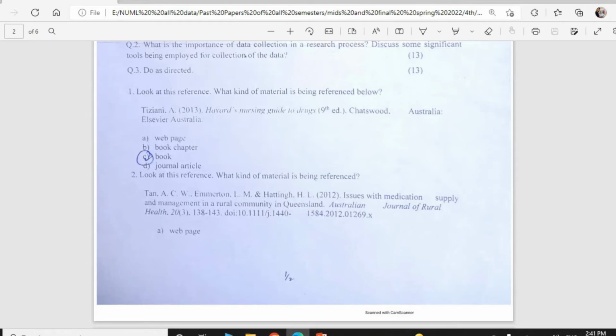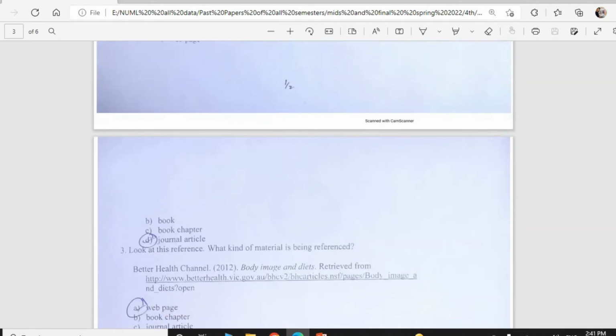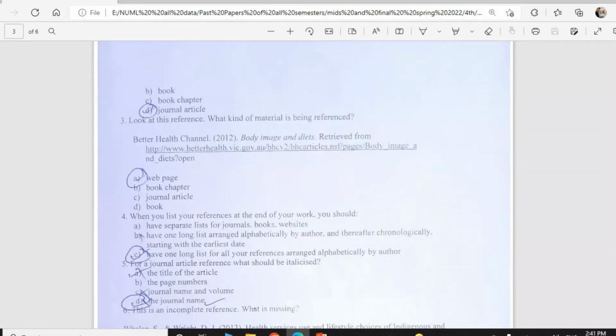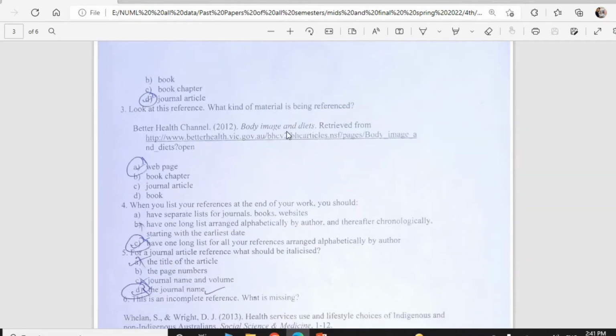Just to remember the rules of how to give a reference from a book, newspaper, journal article, website, or anything, I've covered APA referencing in detail. Just go through it.